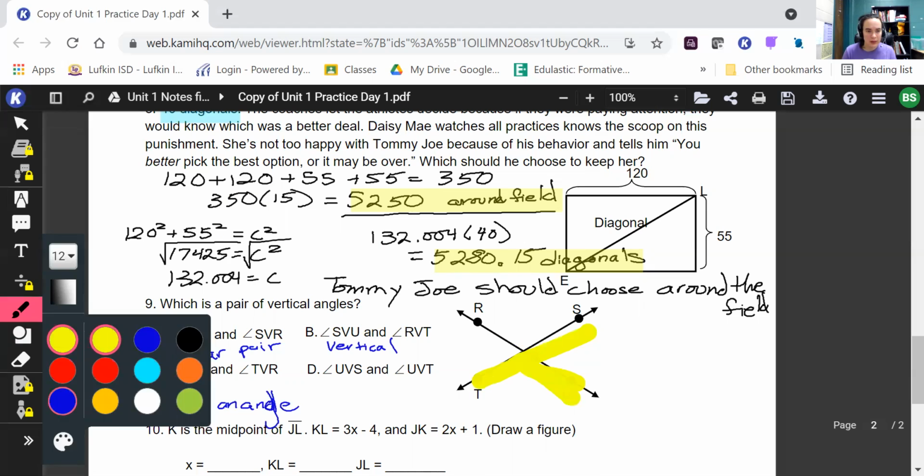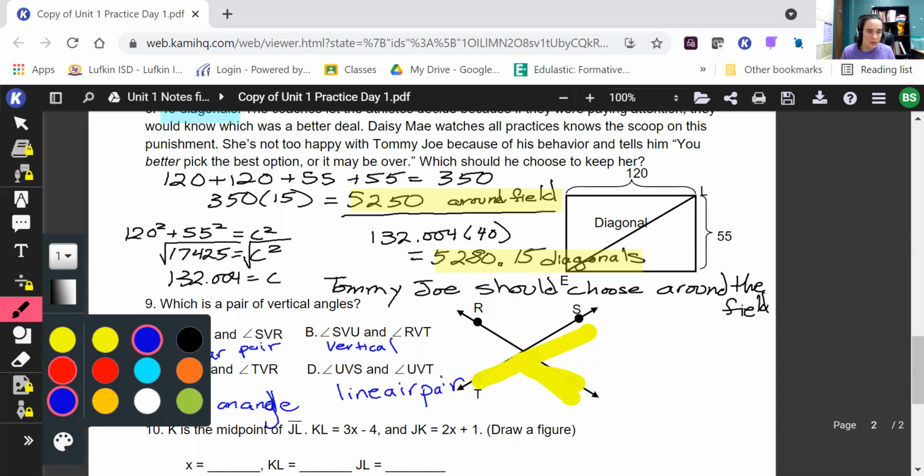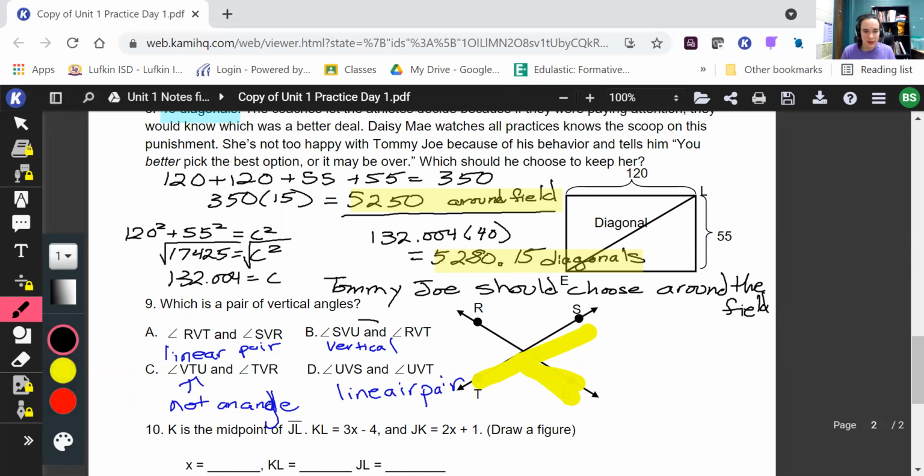Again, it's another linear pair, and they are adjacent angles as well. So that means the answer is E, angle SVU and angle RVT.